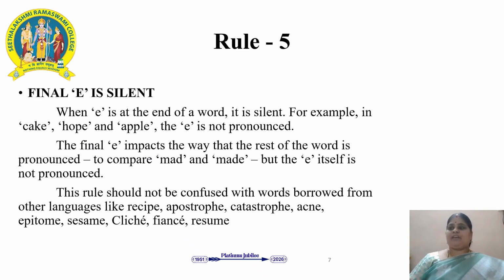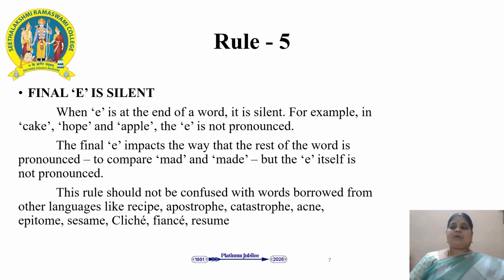Here is rule number 5. The final E is silent. When E is the final sound of the word, it is often silent. Example, cake, hope, apple, etc. The final E will have an impact on the way the rest of the word is pronounced.